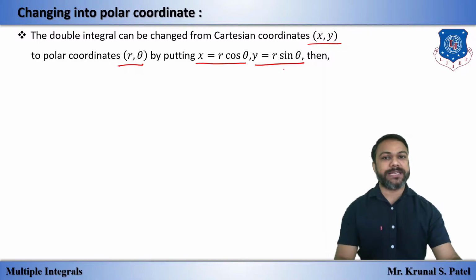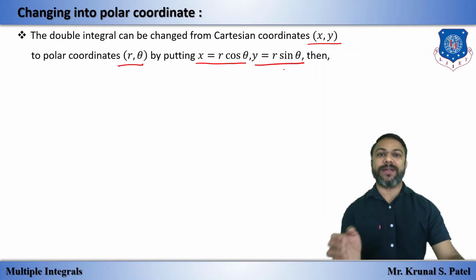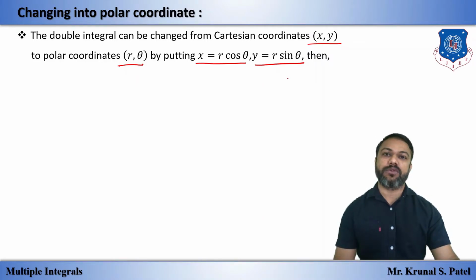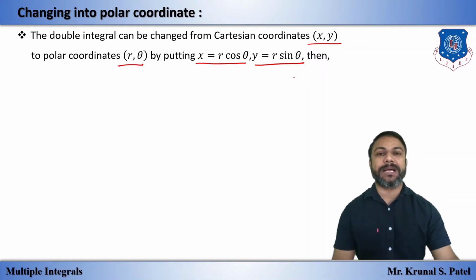It is the same process as we discussed in the previous lecture, like we had x y to u v, but at that time we had different transformations related to x y and u v. Here we have only one transformation, x equal to r cos theta and y equal to r sin theta, which is the standard transformation which transforms Cartesian coordinates into polar coordinates.